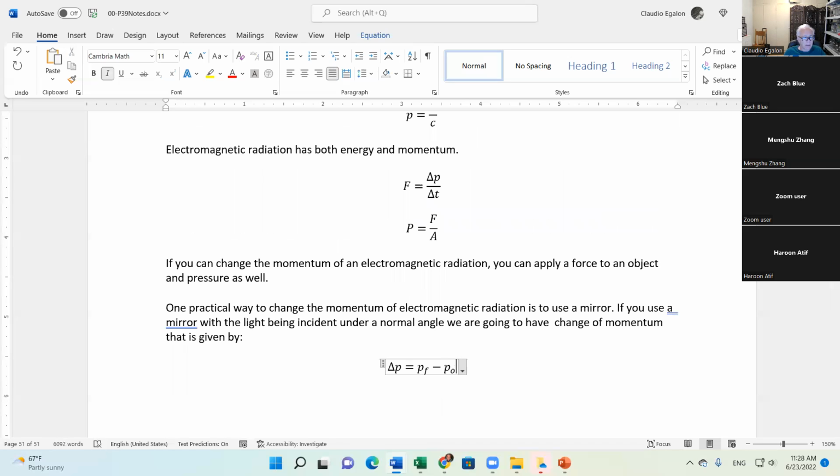So let's say P final is to the left and P initial is to the right, with a 100% reflective surface. What you're going to end up having is a change in momentum equal to 2p, in the x direction.